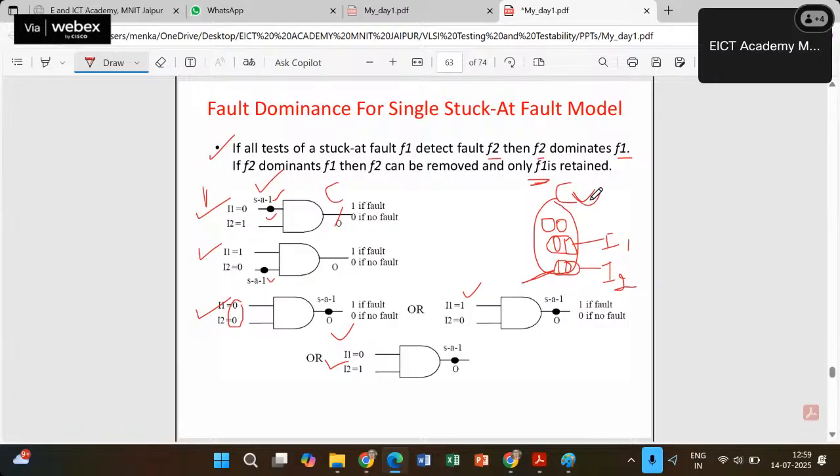So F2 here is C, and F1 here is I1 and I2. So I have to use I1 and I2, and I will remove the C fault, because C is dominating. You can see the test vector for C is the superset of the test vectors of I1 and I2. So you can remove C and keep I1 and I2.